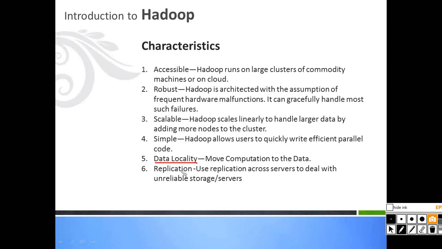Data will be local, meaning data doesn't go anywhere. It is the processing module that comes to the data, does the processing where the data is, and then the results will be published. So that is the locality. We will see that part. And it is simple. How it is simple, you will get a realization once we discuss the Hadoop part.